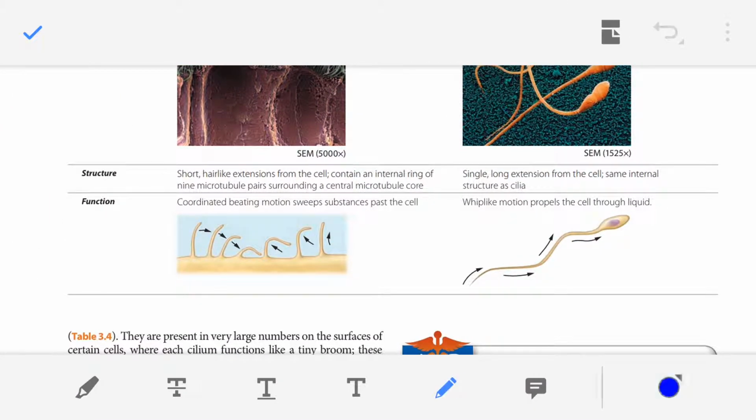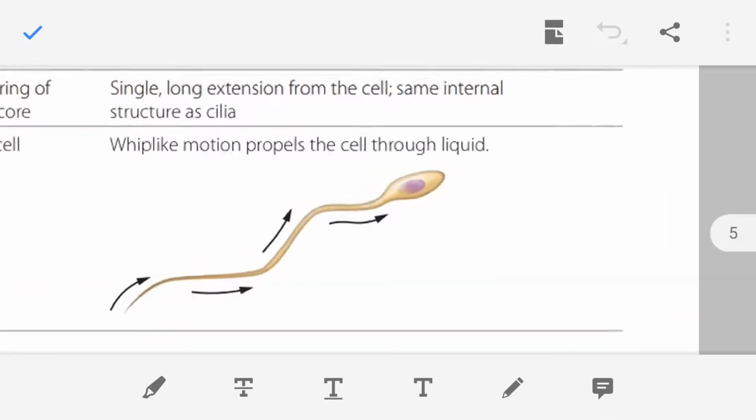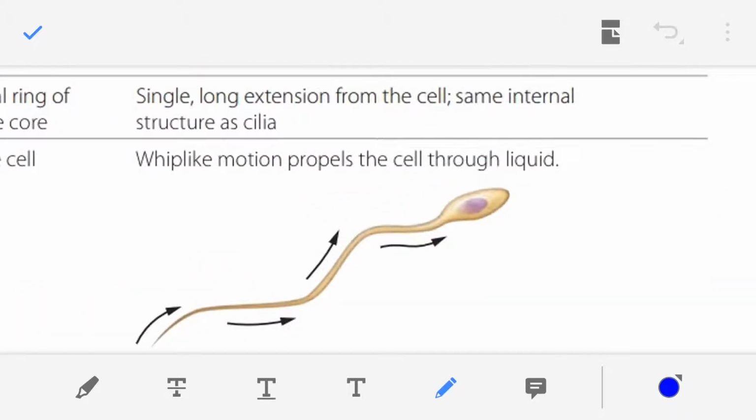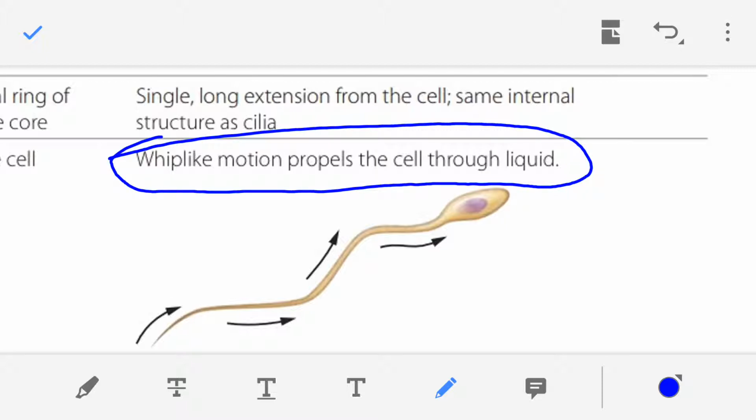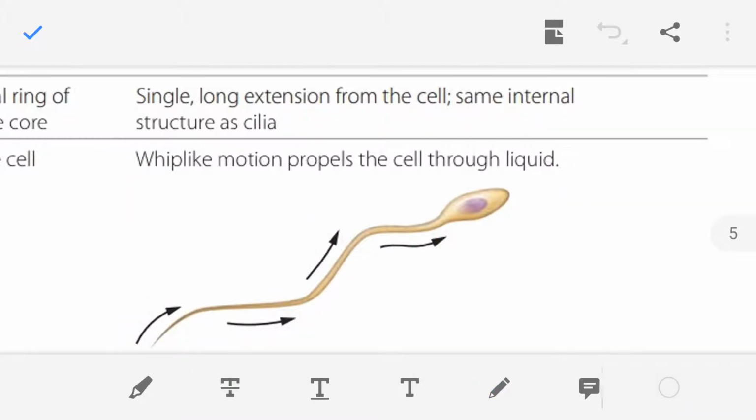Now the function of flagellum: whip-like motion, propelling the cell through liquid. So here you can see the whip-like motion of the tail or the flagellum of the sperm, and due to this whip-like motion the sperm cell is propelled through the liquid.